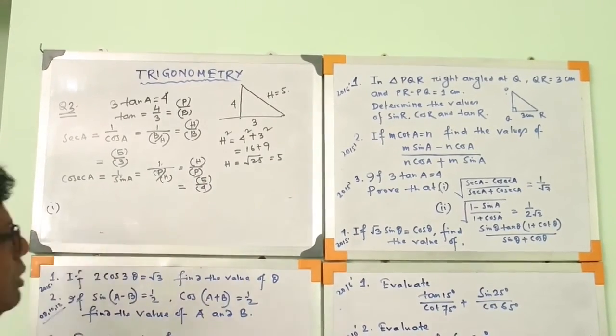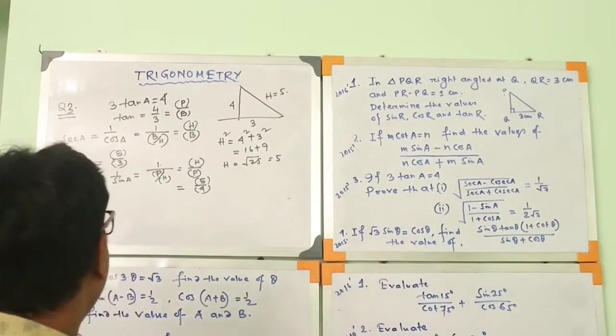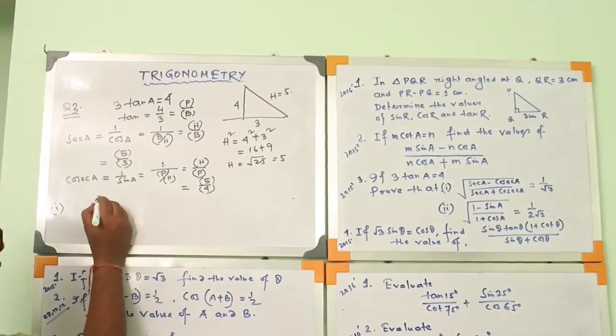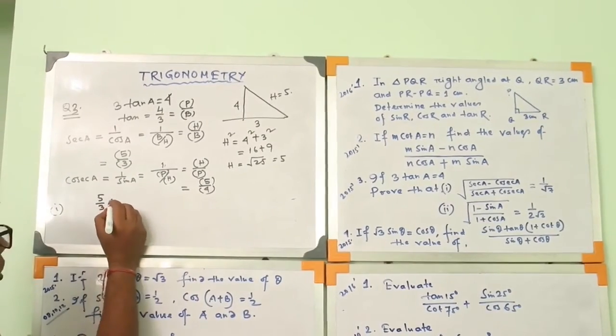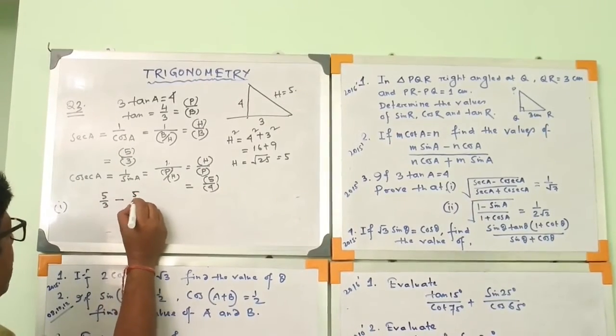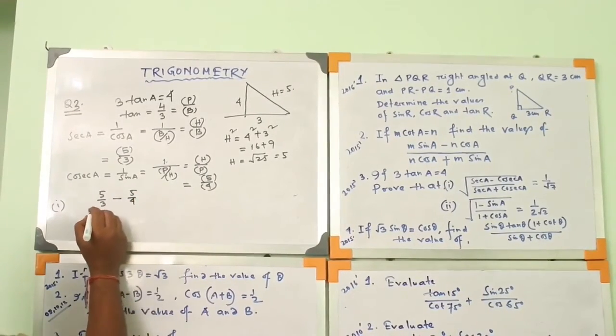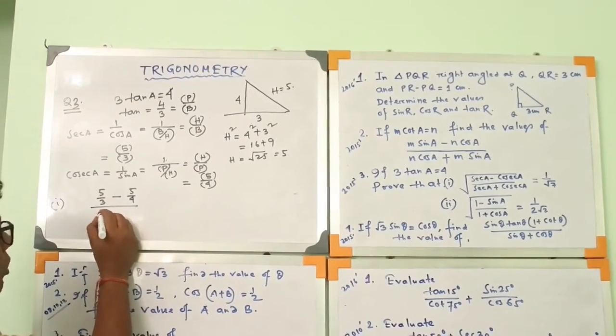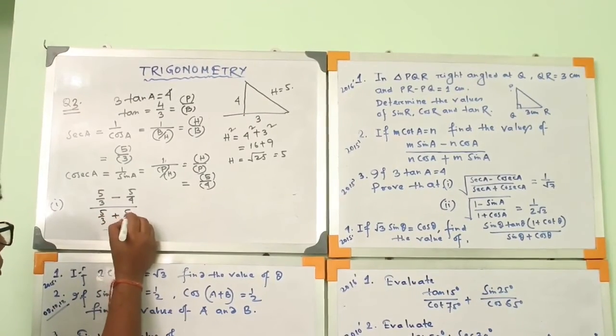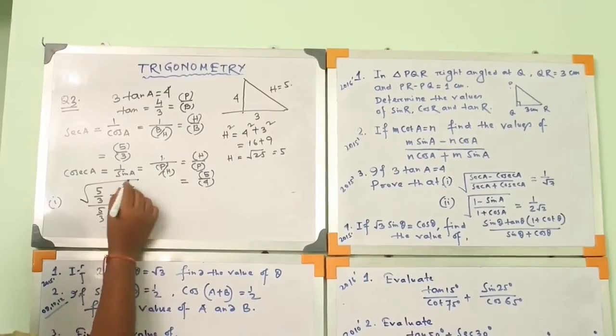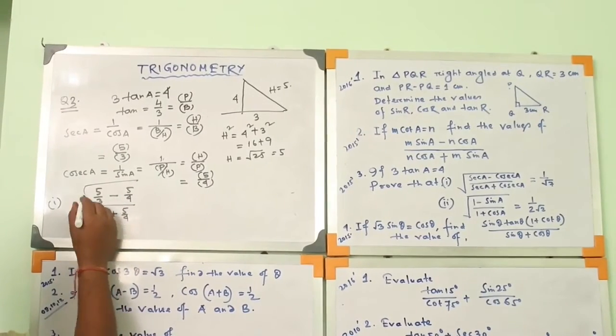So the first equation is (sec A minus cosec A) by (sec A plus cosec A). By putting these values, 5 by 3 minus 5 by 4, and this is equal to 5 by 3 plus 5 by 4, whole square root.